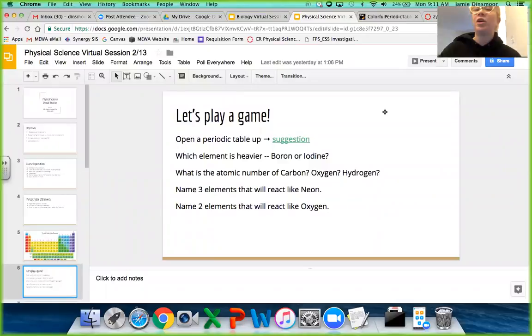What is the atomic number of carbon, oxygen, and hydrogen? So if you found the answer to that, go ahead and type that in the chat. All right, Elizabeth says carbon equals 6. Hydrogen is 1. Oxygen is 8.